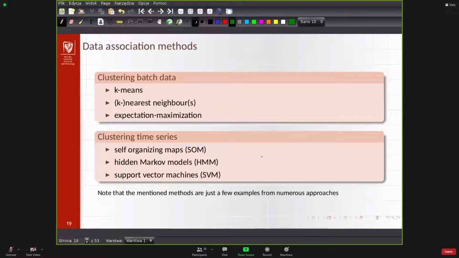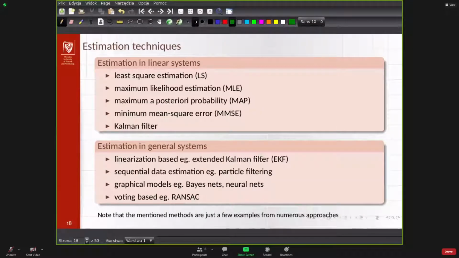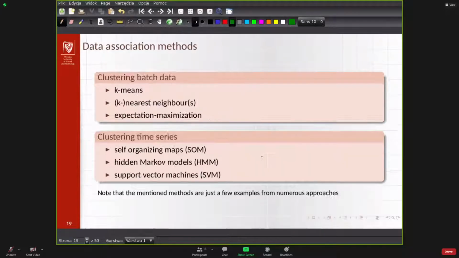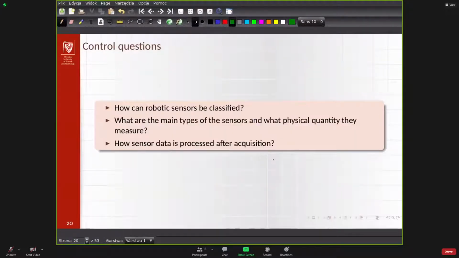Okay, so those are the general classification parts, and what is to be taken and remembered later when we come to these questions of, firstly, how to classify the sensors, what are the main types and what they really measure, and how to process the data after acquisition.